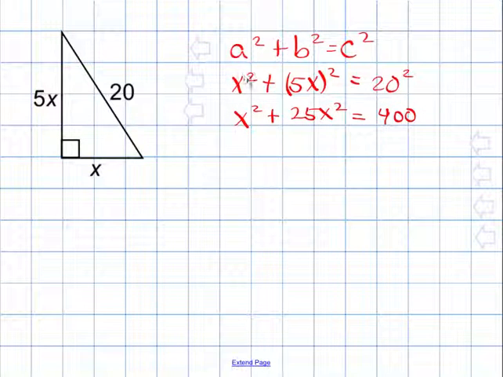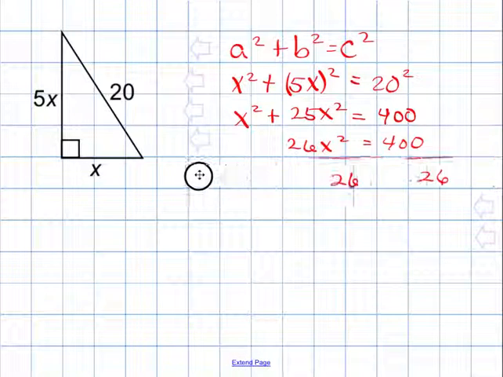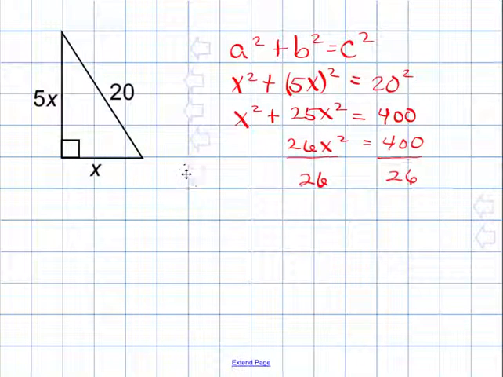No problem with that x squared, but be careful with what's inside of parentheses here. If we have a 5x and we square it, we saw that on that previous example that would become 25x squared. Now if we combine the like terms together on the left side, we're left with 26x squared, and we have to do a little bit of additional work with this one. We can undo multiplication with division. That part's familiar to us.